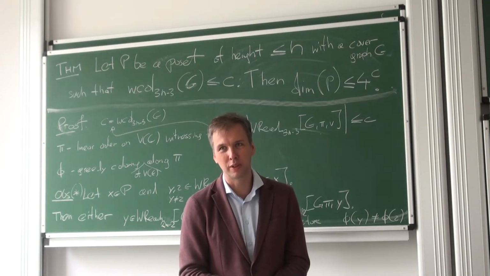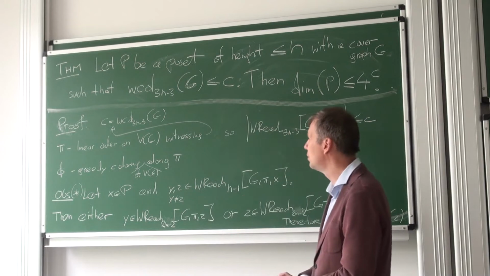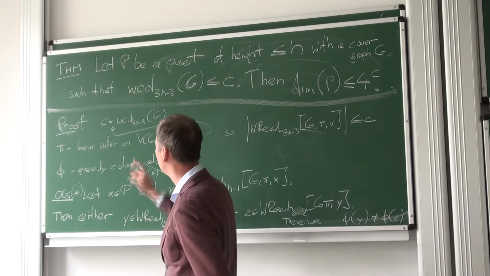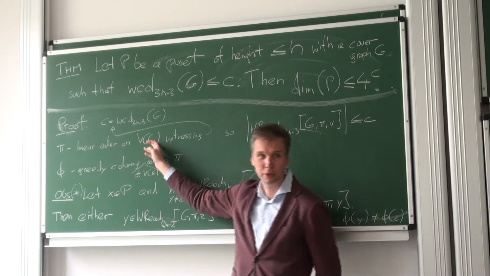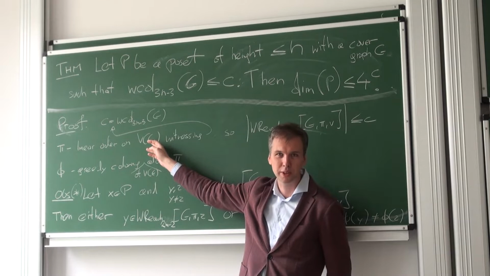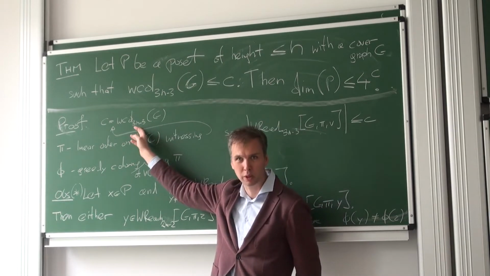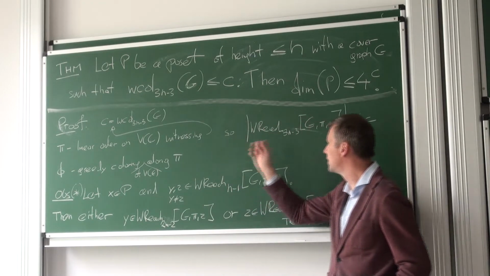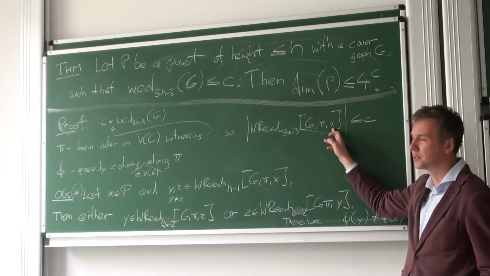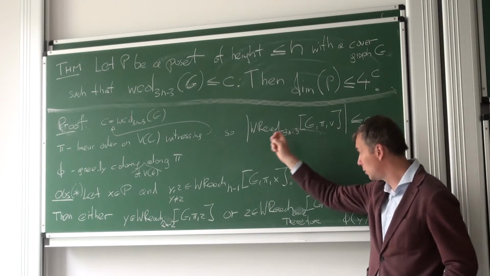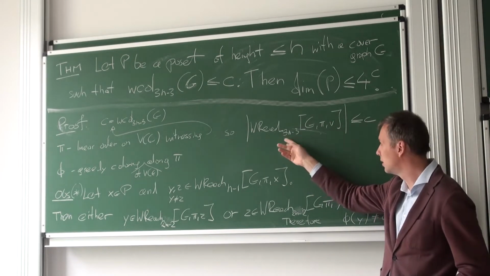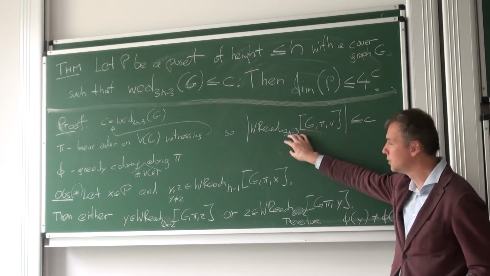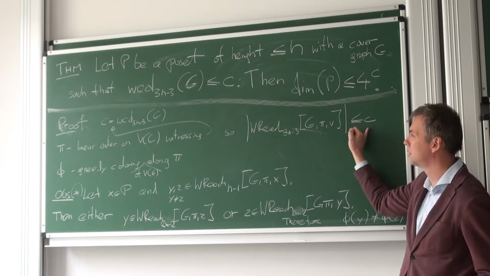So we do the proof of it. For the proof, let c be this weak coloring number, and then fix a linear order on the vertices of G that witnesses the value of this weak coloring number. We call this order pi. So the thing is that whenever you look at a vertex v and you look at its weakly reachable set with 3h minus 3 steps at most, then the number of vertices you can reach this way is at most c.